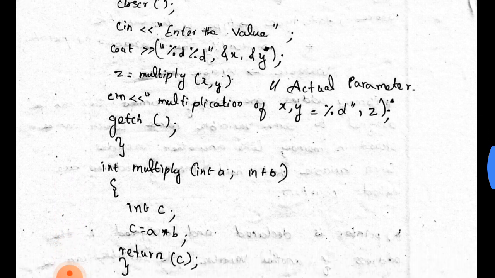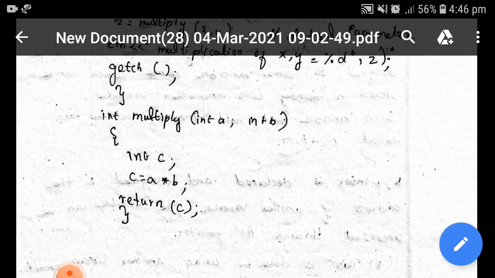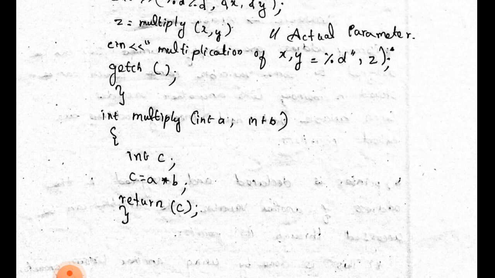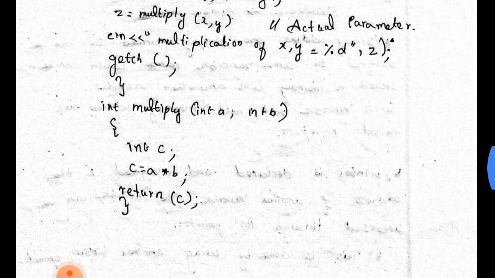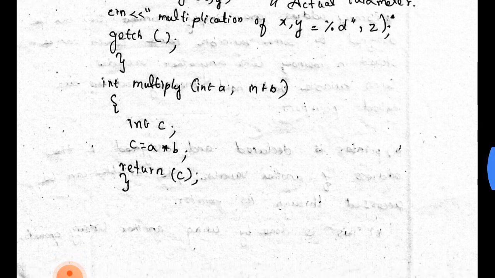Then displaying. Then int multiply(int a, int b) is a function. Here multiplication is taken and the answer is written as return c. Here we display the answer.